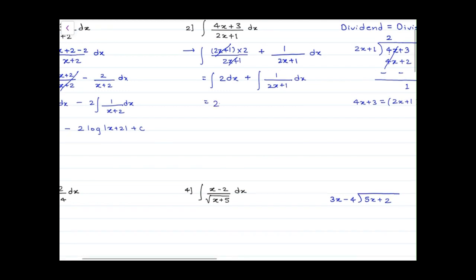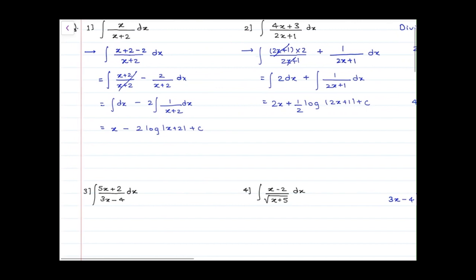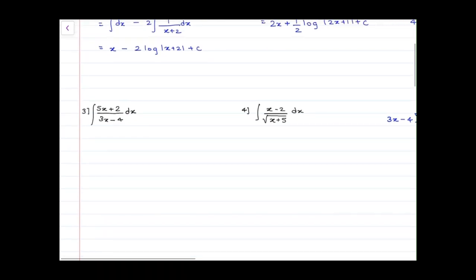So we know integration of 2 is 2x plus integration of 1 upon f of x is log of f of x plus c, and here we have the coefficient of x, so I need to divide it with the coefficient. So it would be 1 upon 2 log of 2x plus 1 plus c. That's simple. Let's move to the next question.